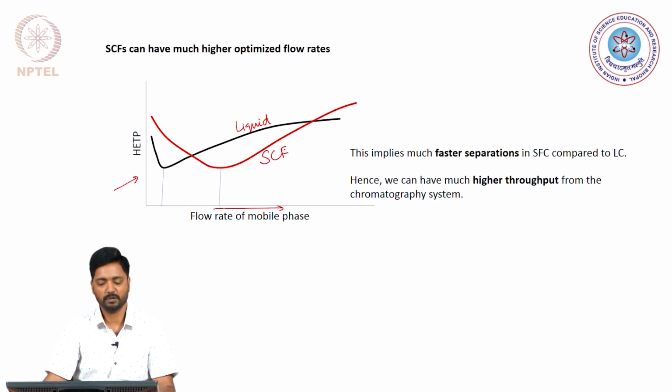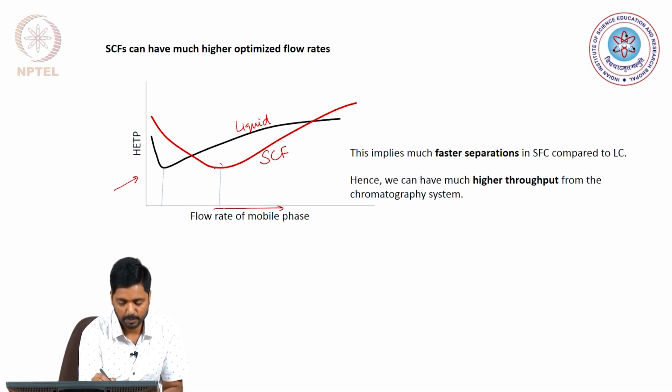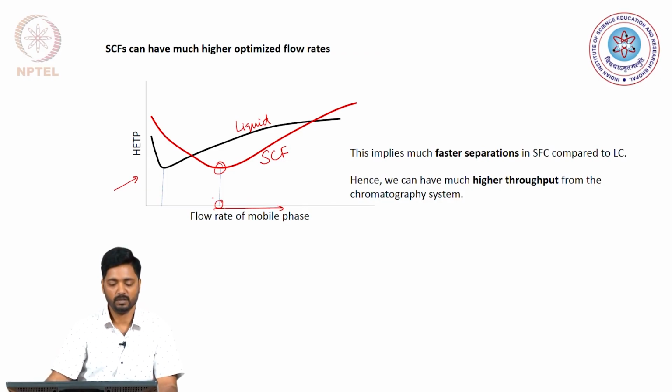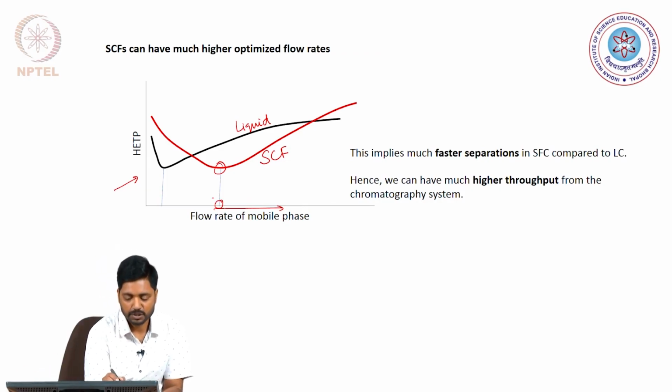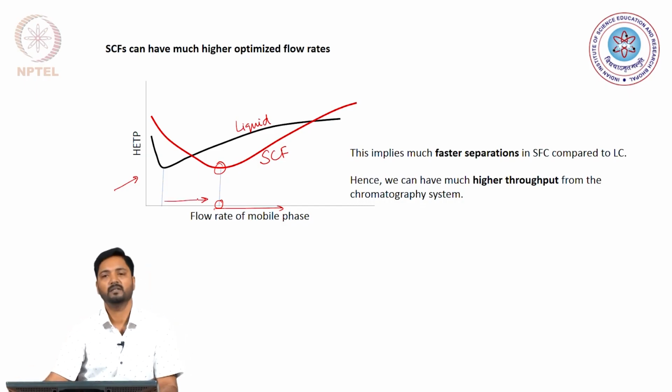The liquid chromatography profile is shown as the black curve, while the supercritical fluid chromatography is shown as the red curve. And what we observe is that we can achieve similar plate height values in both conditions, but in supercritical fluid chromatography the most optimum flow rate with the lowest value of the plate height comes much ahead of that for liquid chromatography.